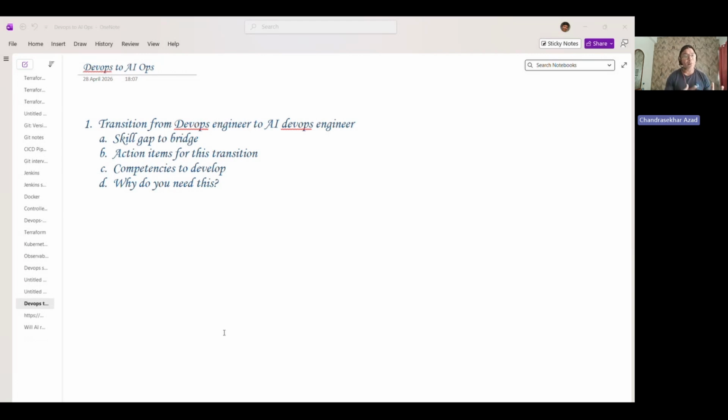Why? Because this is very much necessary to move from manual scripting, which we are doing till now, to more intelligent, more automated operations, which is one integral part of AIOps. With this shift, you will be able to enhance system reliability. You will be able to automate incident responses.